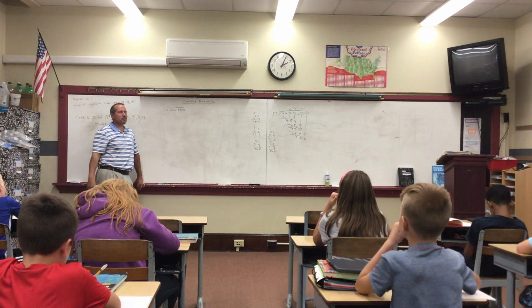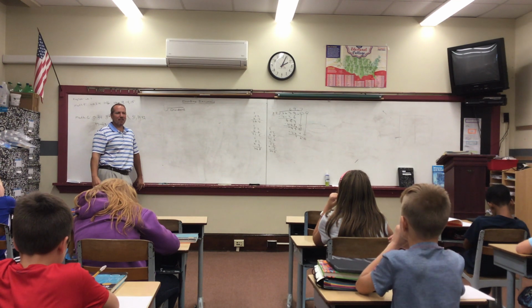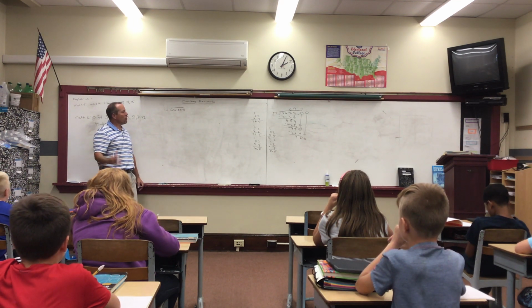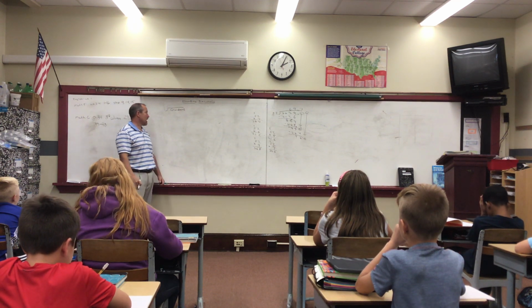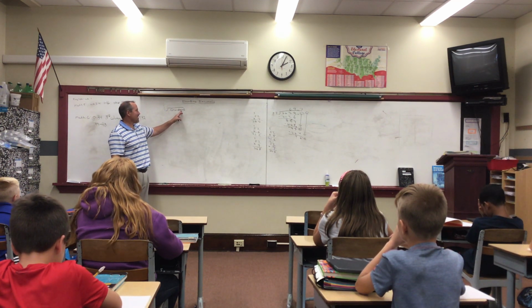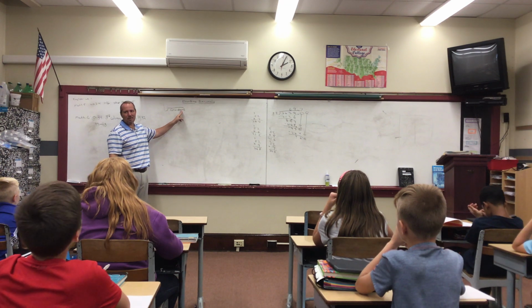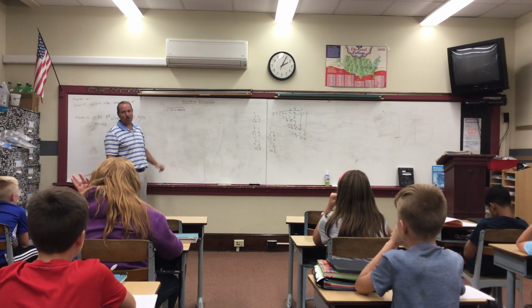It makes no sense whatsoever when I say this, but the way that I remember the dividend in a division problem is I say this is where I want to end up when I multiply my two other parts.